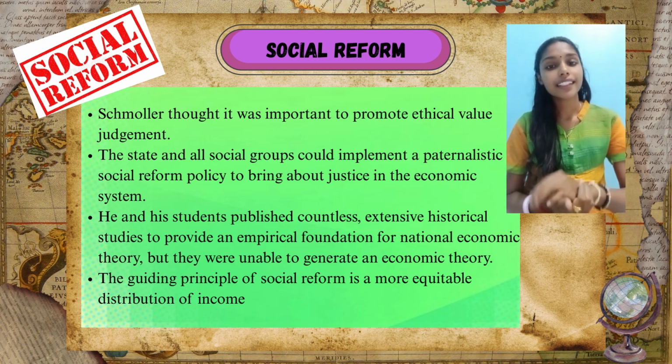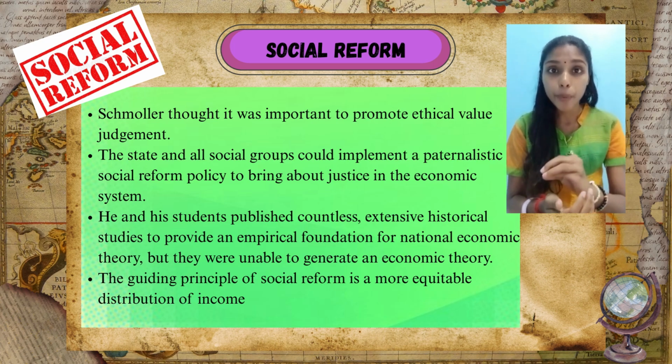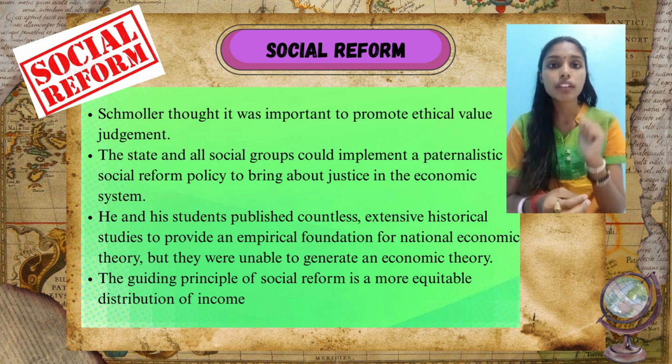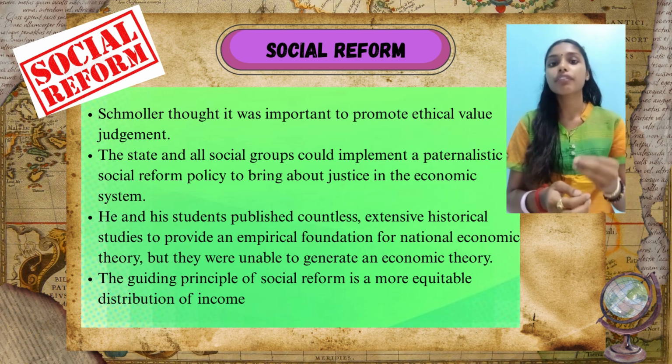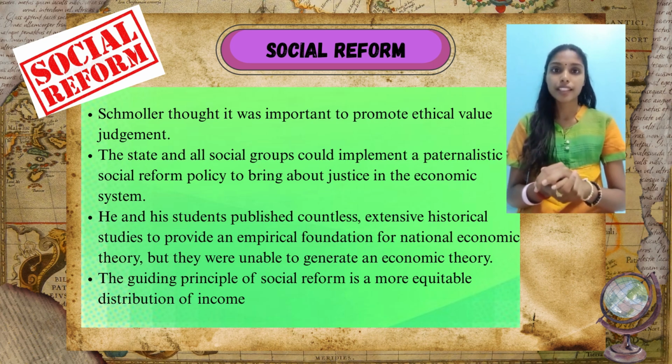Now we look at social reform. Firstly, Schmoller thought it was important to promote ethical value judgment. The state and all social groups could implement a paternalistic social reform policy to bring about justice in the economic system.